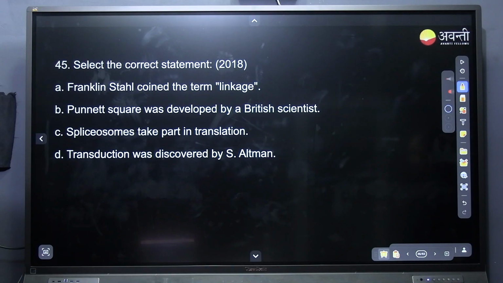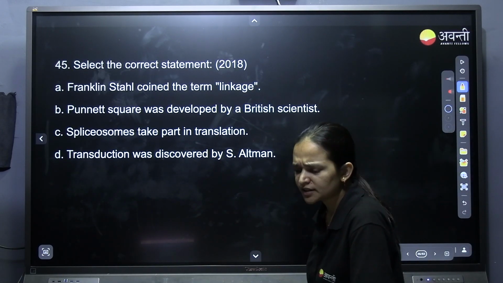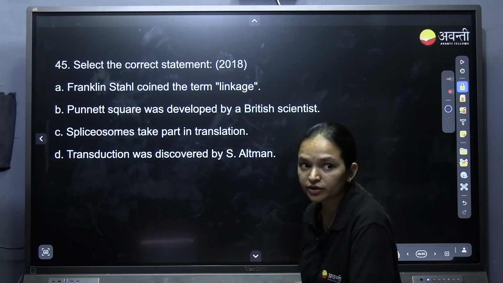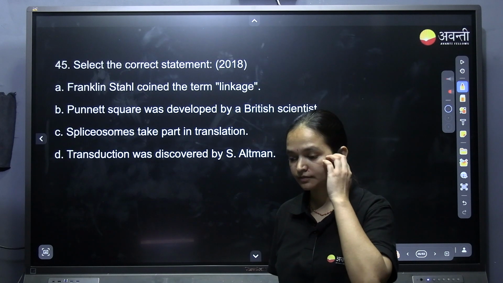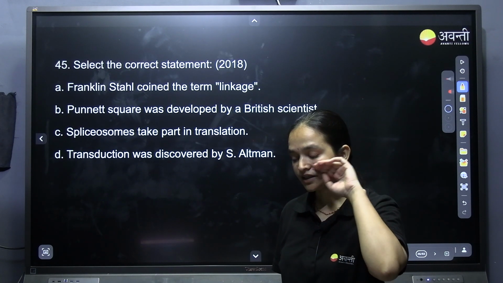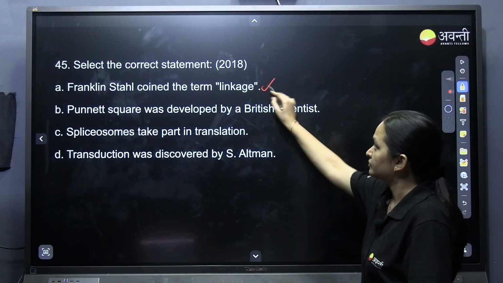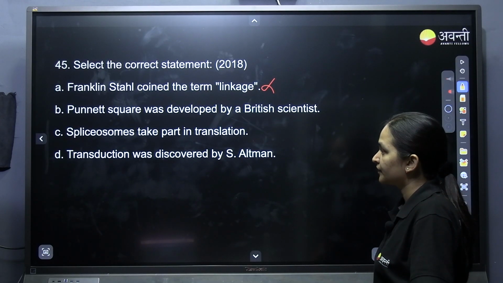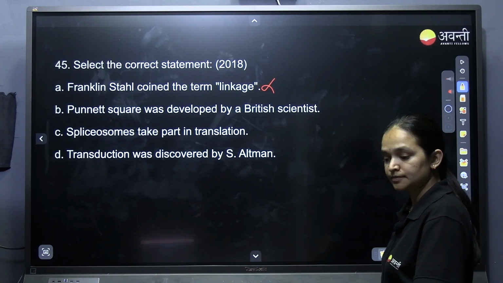Select the correct statement. Franklin Stahl coined the term linkage. Who coined the term linkage? The term linkage was coined by T.H. Morgan, right? Not Franklin Stahl. Punnett square was developed by a British scientist. True or false?